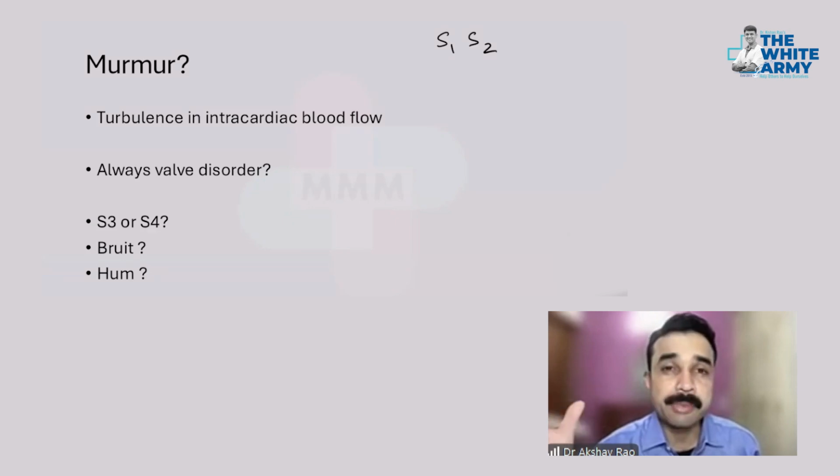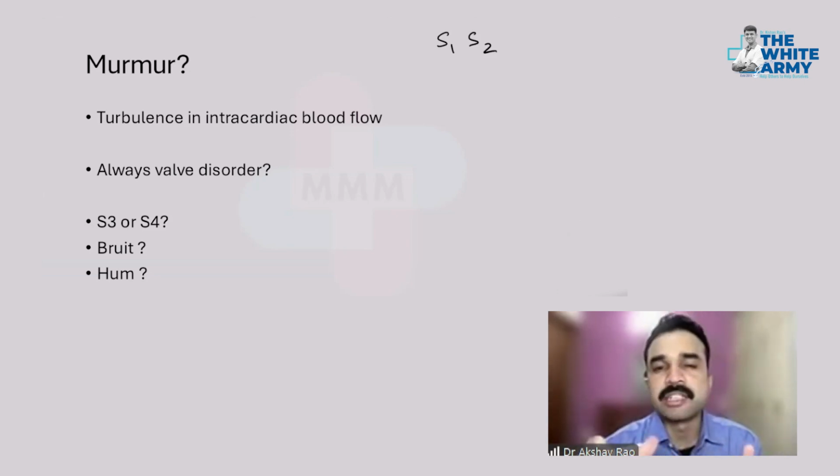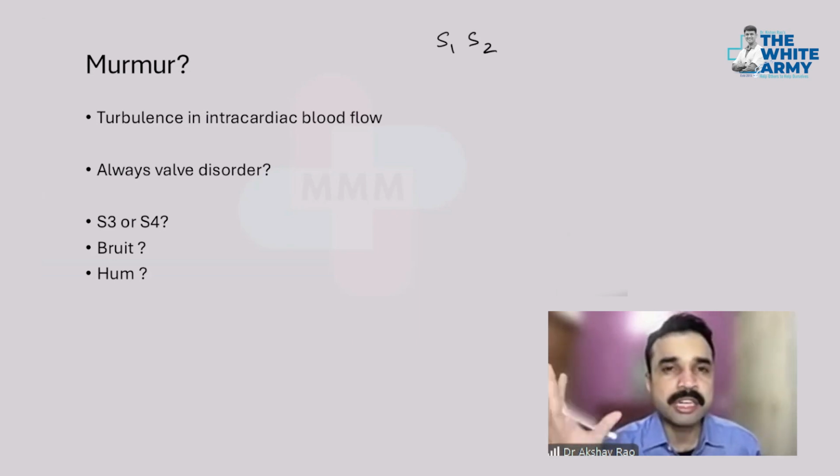Normally, the right atrium receives blood from the great veins, the left atrium receives it from the pulmonary veins. Then it passes through the AV valves into the right and left ventricles, and from there gets pushed into the great arteries, the aorta and the pulmonary artery. All this is so streamlined that the human ear is not supposed to pick up any abnormal sounds due to turbulent flow.